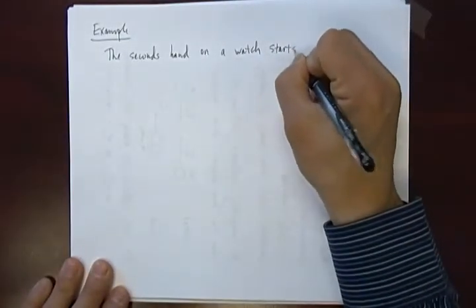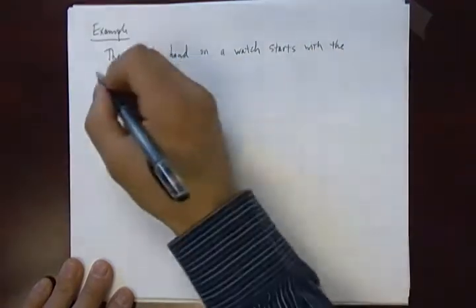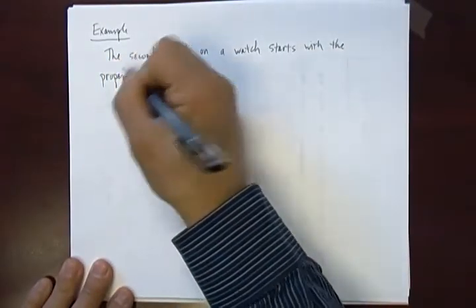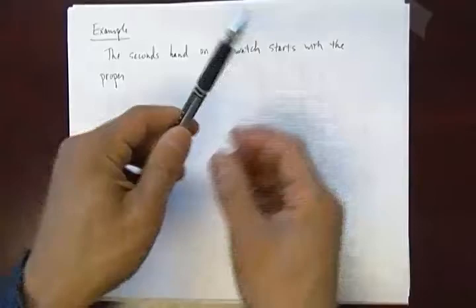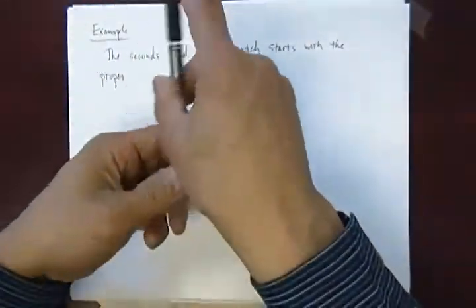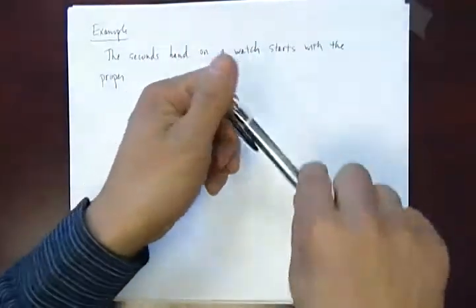starts with the proper speed. Proper speed meaning the proper speed that a seconds hand on a watch should have, so that it goes around clockwise one time in a minute.